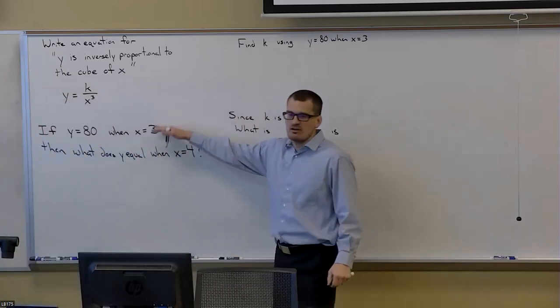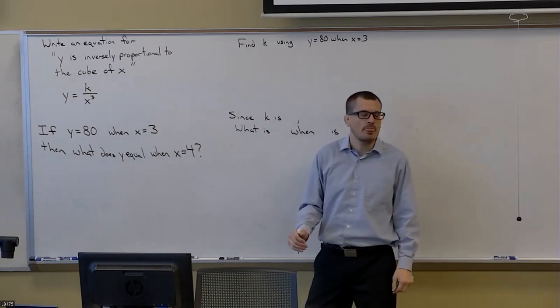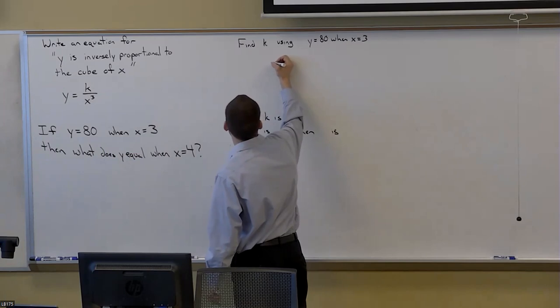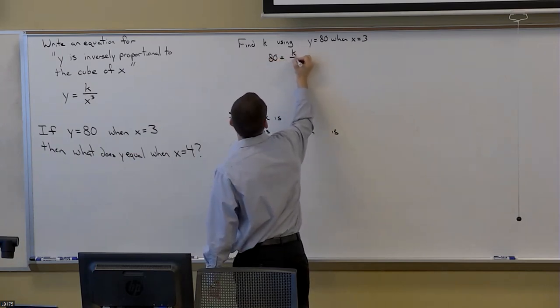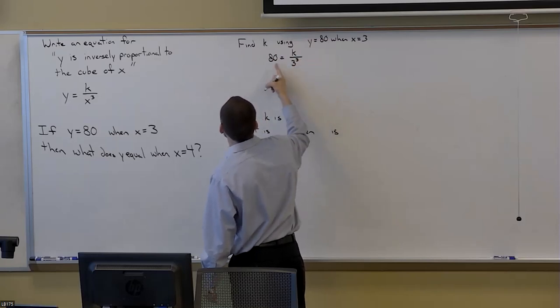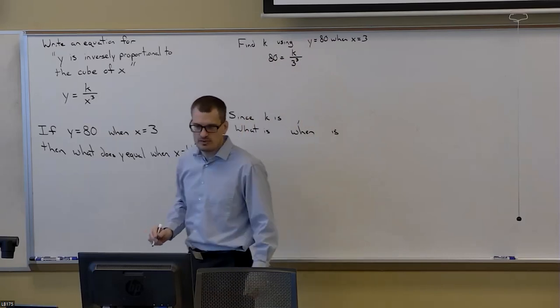And then to solve this problem, we'll use that first line. y is equal to 80 when x is equal to 3. Well, I just need to multiply both sides by 3 to the third power.